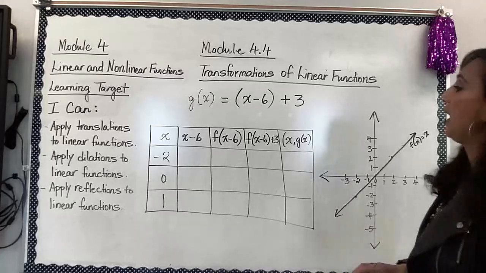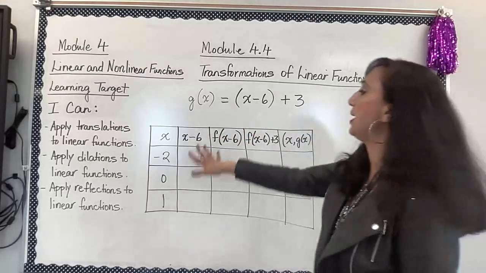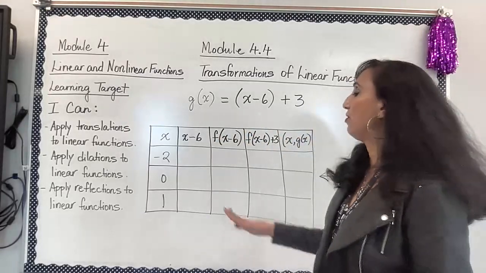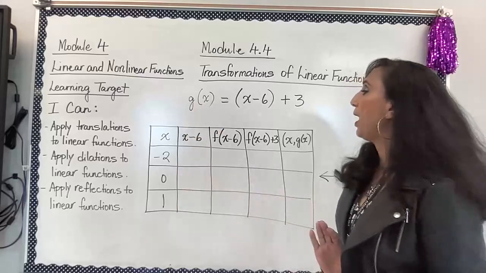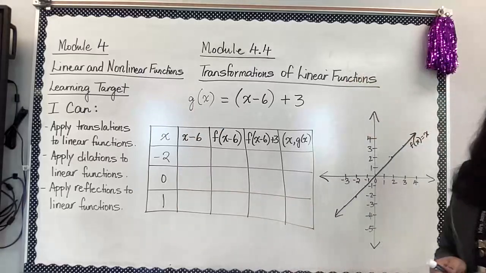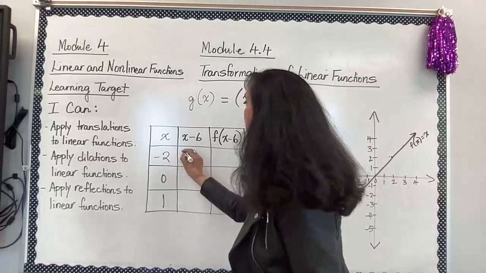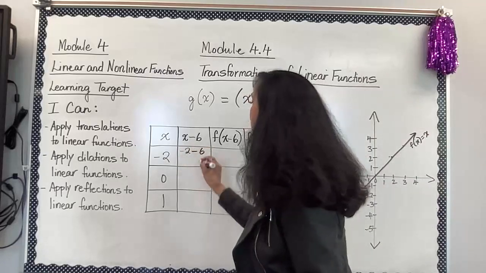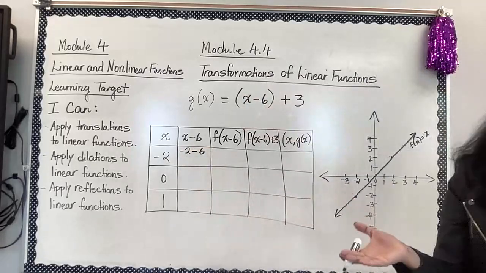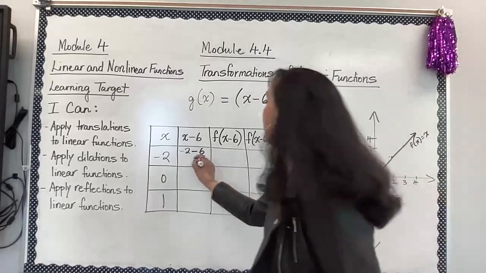And it's saying x minus 6. So I've just made a table, and I've given the values of x. And let's see what x minus 6 is going to be. So if I have x is negative 2 minus 6, what do I end up with? I'm going to get negative 8.